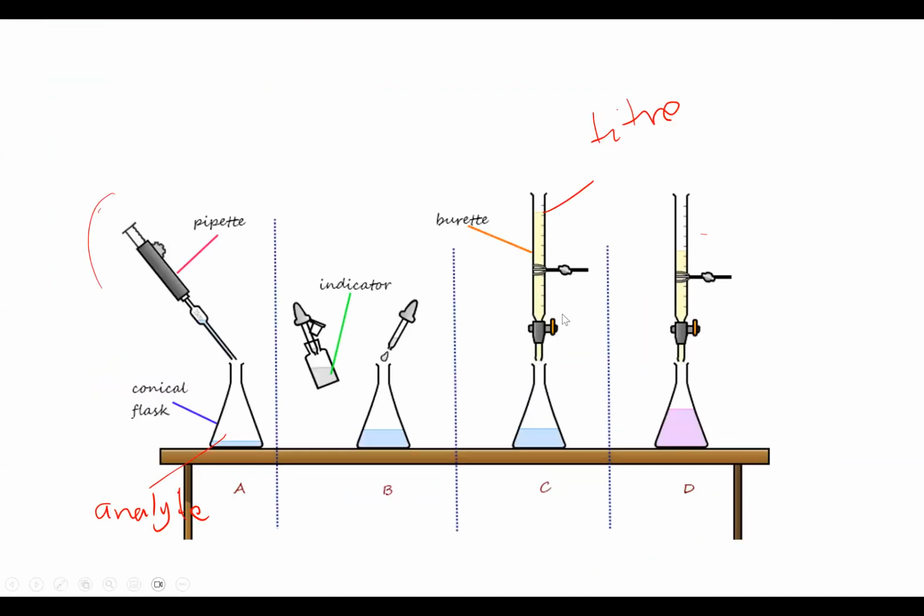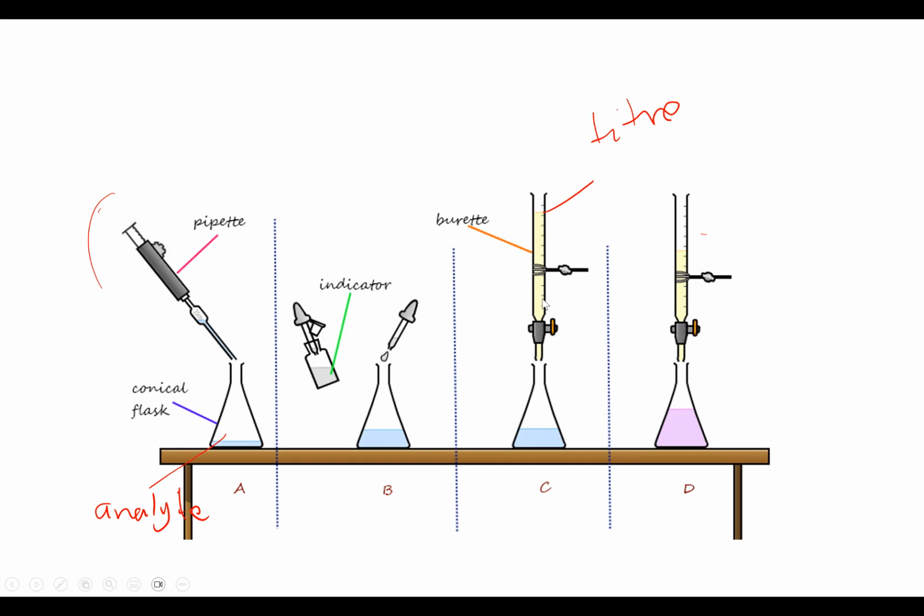And just to go through it briefly, just to have an idea, you are going to pipette into the conical flask a known volume, because the pipette has a specific volume to it, 25 cubic centimeters or 10 cubic centimeters. So you will pipette that volume into the conical flask and then add a few drops of the indicator.